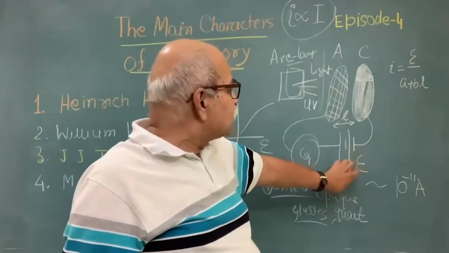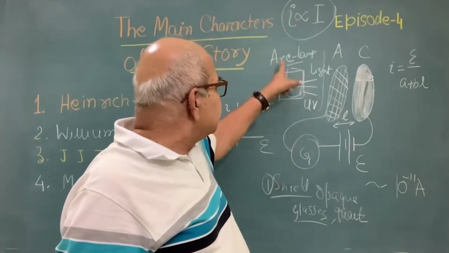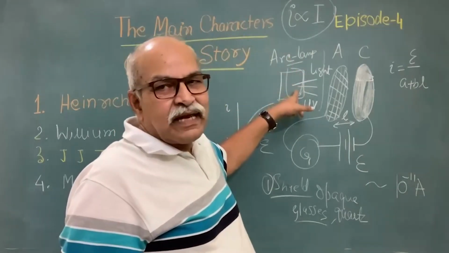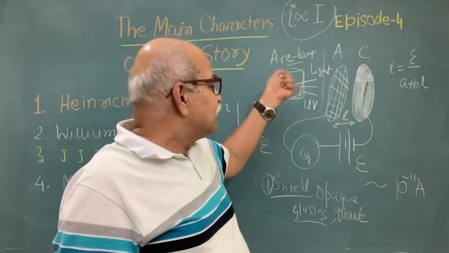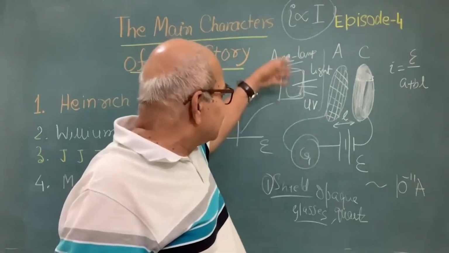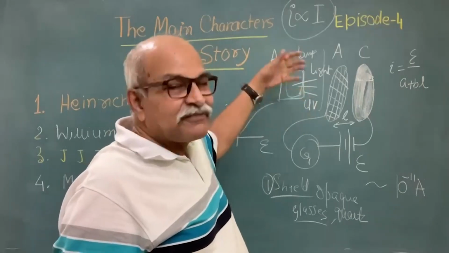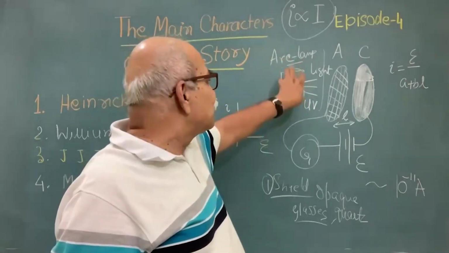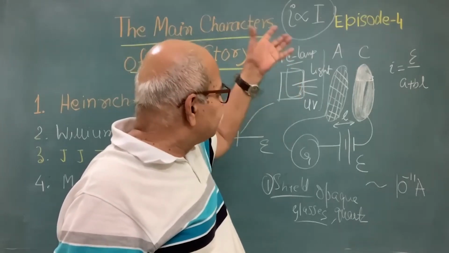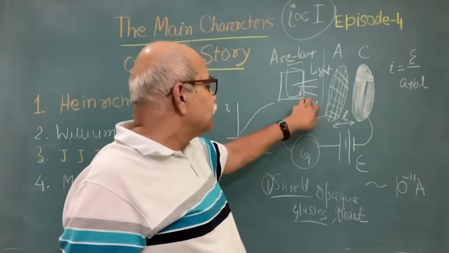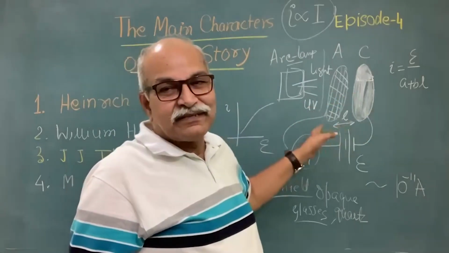In this experiment he has also taken different materials to produce this arc, and has established that aluminium is the best, it gives the largest current, and other materials give different kinds of current. So it depends on what material you are using, because different materials will give different wavelength distributions of UV, and therefore the current will depend on that.